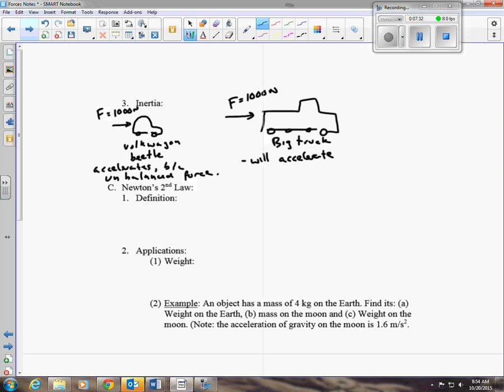Which accelerates more? Which one is going to be easier to push and have it speed up? Turns out the Beetle is going to speed up a lot more than the truck will.